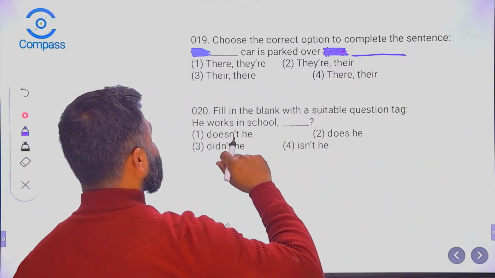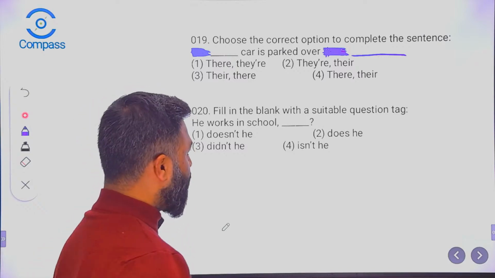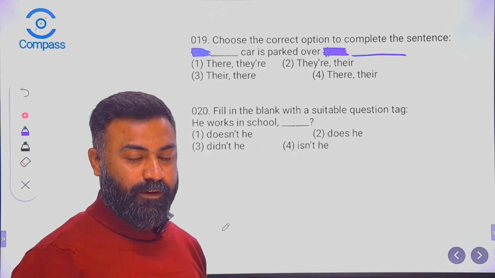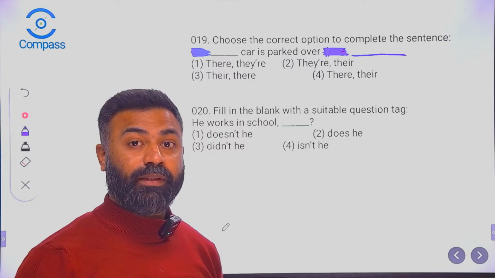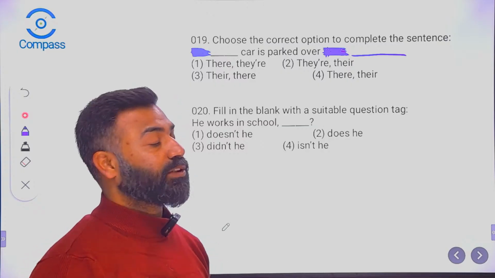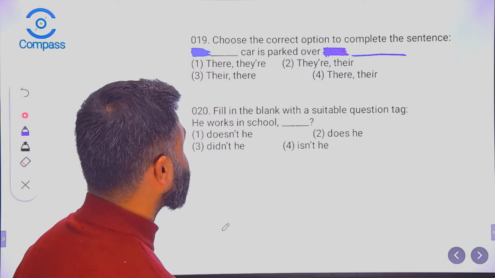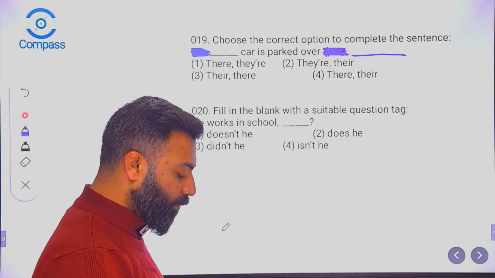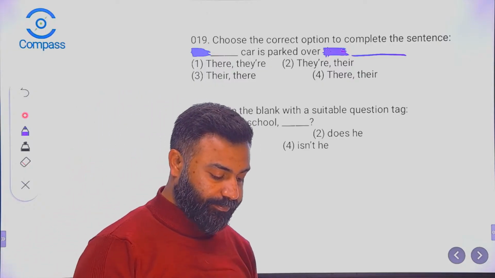Okay, so two blanks are there. Dash car is parked over dash. So again we have the words which have different spellings, different meanings, but the same pronunciation. So there and their. What do you think? Which is the correct option? Yes, children, you try to find out. Okay, let's see.